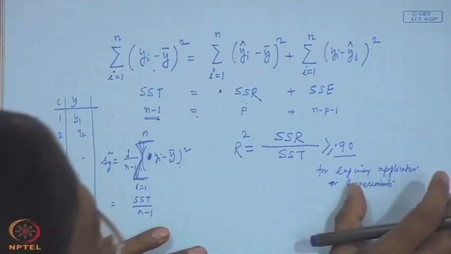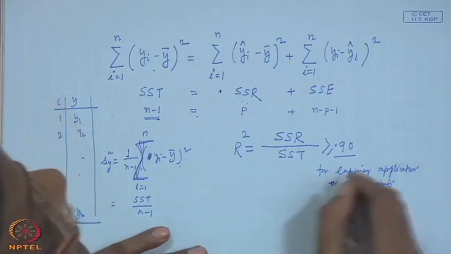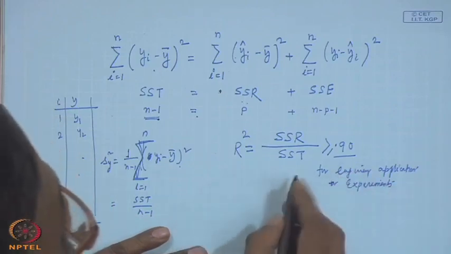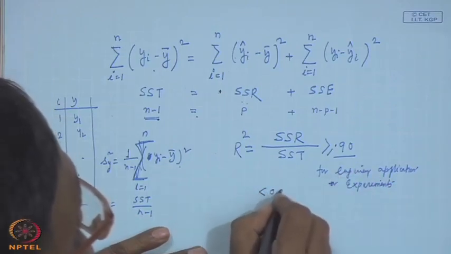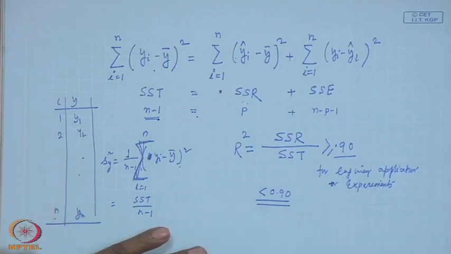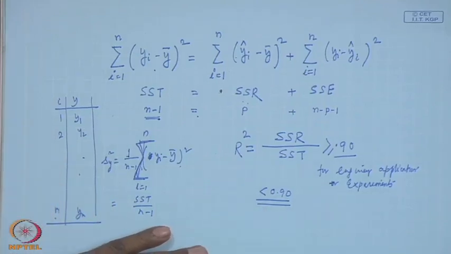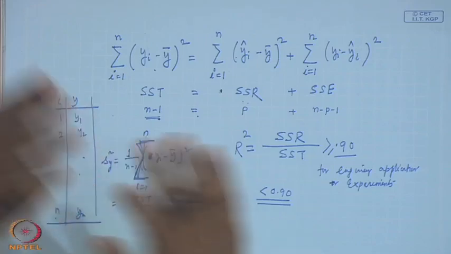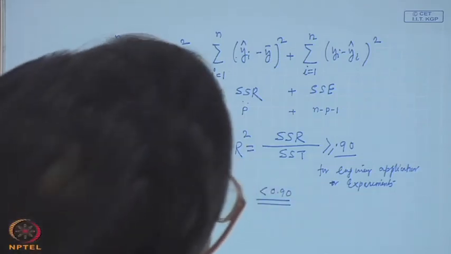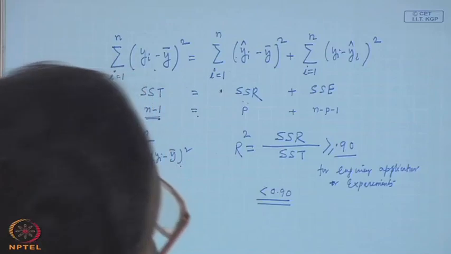But if you collect data from the field, maybe less than 0.90 is also acceptable, because data from the field is more variable, more dynamic, more volatile in nature.